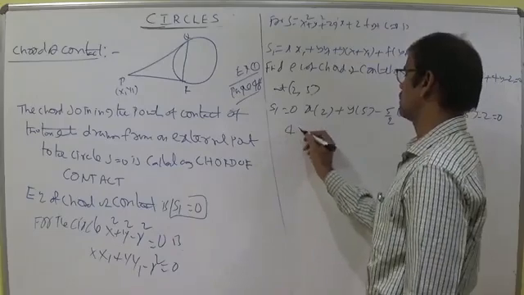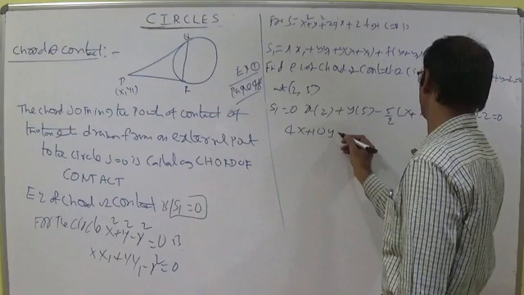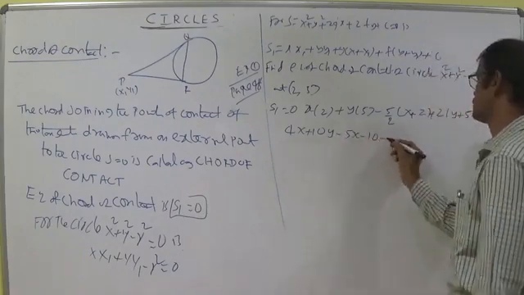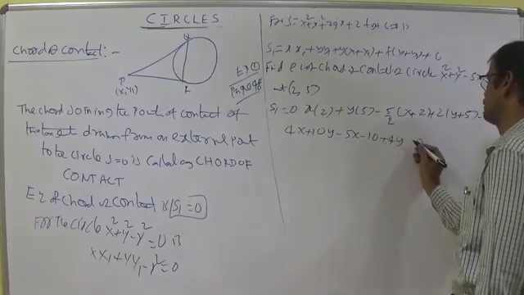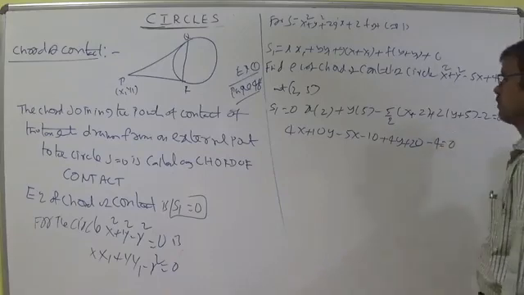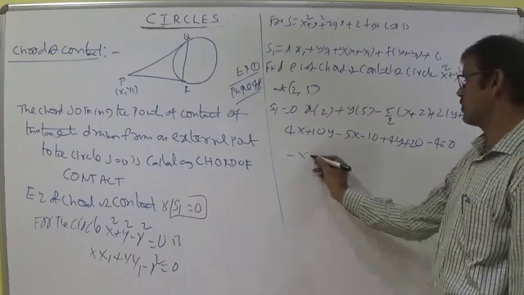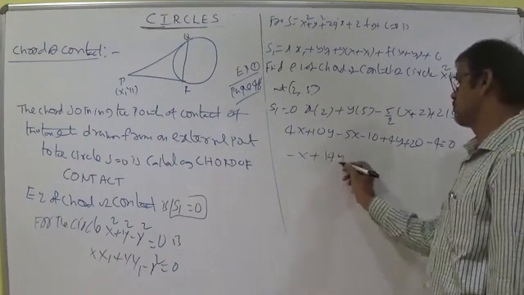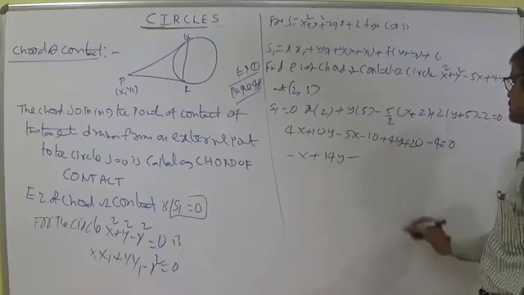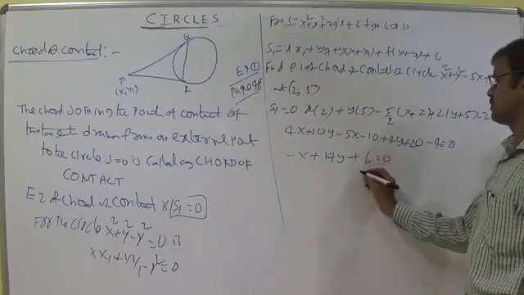You can write here by taking LCM 2: 4x plus 10y minus 5x minus 10 plus 4y plus 20, minus 4 equal to 0. 4x minus 5x becomes minus x, plus 10y plus 4y is plus 14y, and minus 10 plus 20 minus 4 is plus 6, equal to 0.